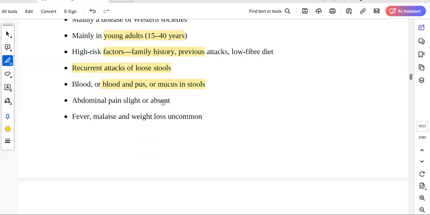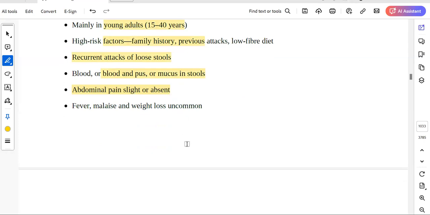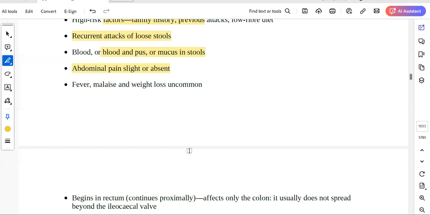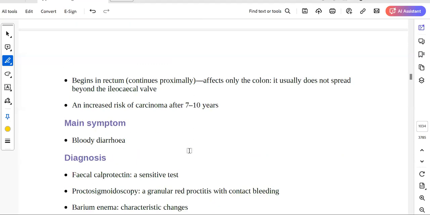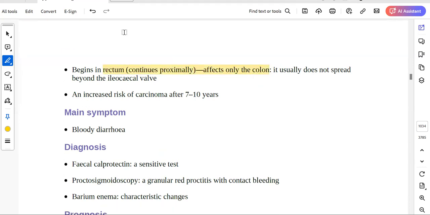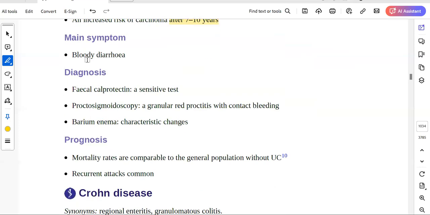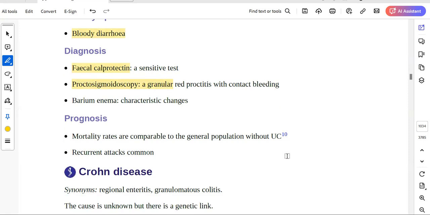Abdominal pain is not very severe, but the patient can have fever, malaise, and weight loss. It only affects the colon. There is an increased risk of colorectal cancer in patients who develop ulcerative colitis. So the main symptom is bloody diarrhea. How to diagnose? First fecal calprotectin and then colonoscopy.